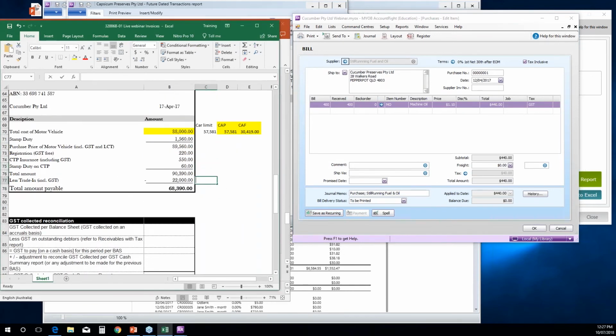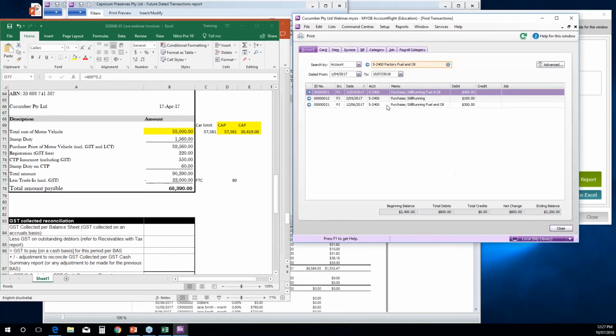So fuel tax credit, 400 liters, apply the rate given. So I'm going to just use maybe 20 cents. So for me, let's just say it's $80 fuel tax credit. Of course, it seems more than that, but I am running out of time, so I will be doing only one.